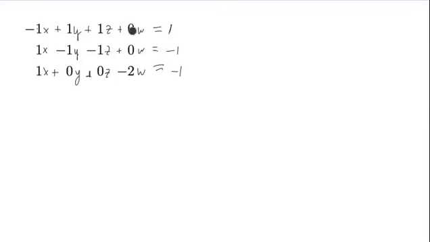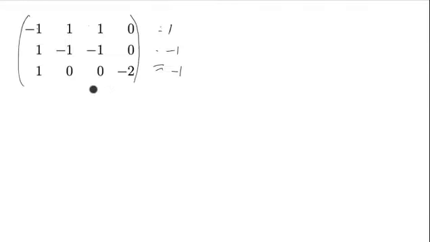Now, really what we're doing when we write out this system of equations is the following. If we clear out these guys right here, what do you notice? You notice a matrix of coefficients. And it's a matrix map.